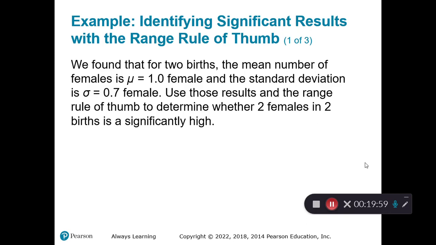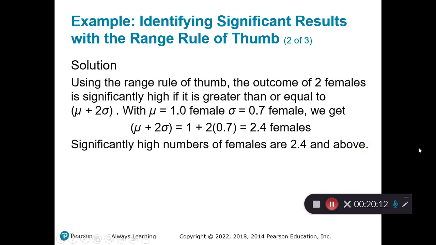On the other hand, to find which values are considered to be significantly high, we're going to add 2 standard deviations to the mean. So that's 1 plus 2 times 0.7. And I think we also get a number that is outside the possible values, 2.4 females. Well, the highest number is 2.